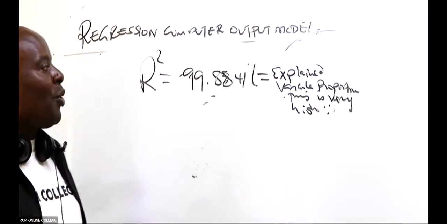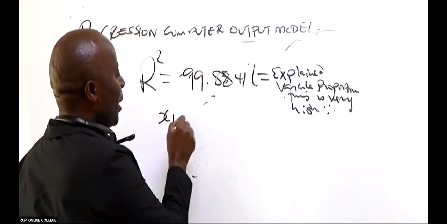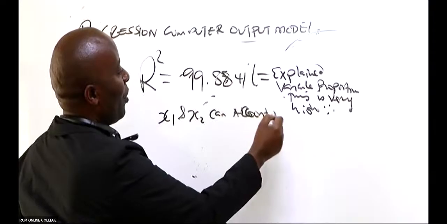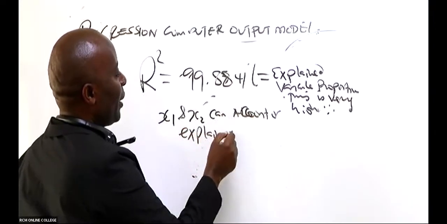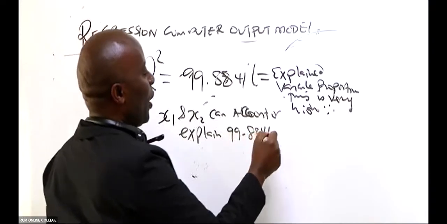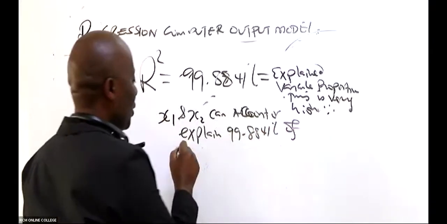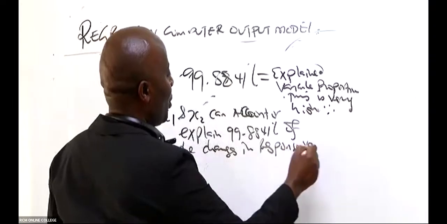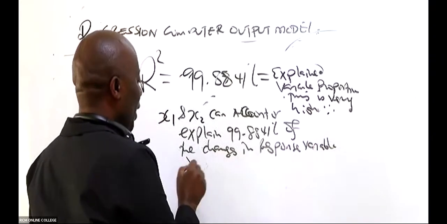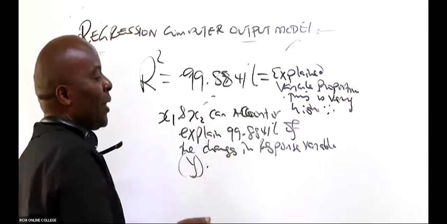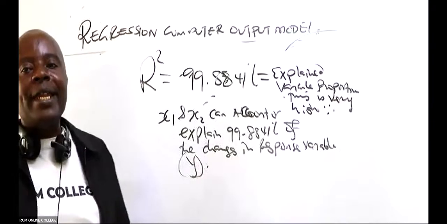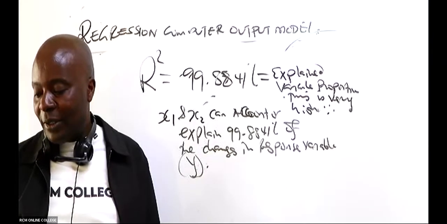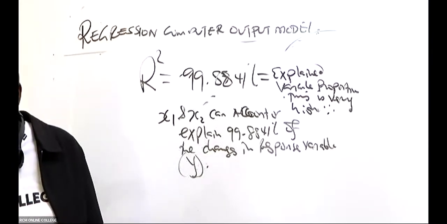But in this case, a technical person like yourselves can make a better explanation than that. What you need to tell us is that X1 and X2 can account for, or explain, 99.8841% of the changes in the response variable Y. So 99% is so high that we don't need to look for any other predictor variable in this case.